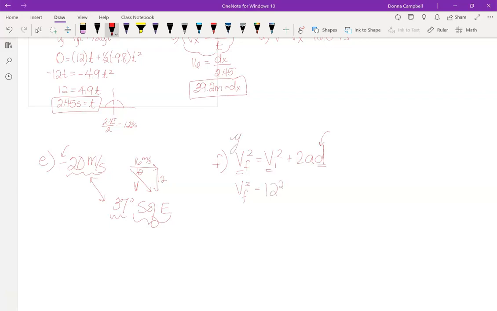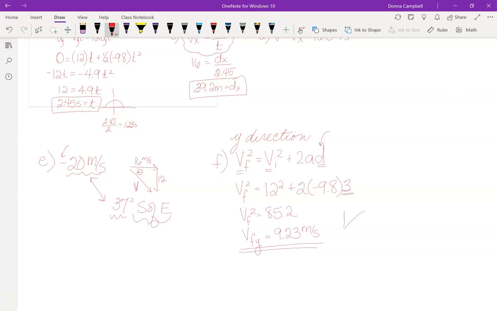Remember, this is the y direction. Plus 2 times negative 9.8, and the d is 3. So the velocity final squared is 85.2, and the velocity final, in the y, is 9.23 meters per second. So at 3 meters above the ground, that is the velocity in the y.